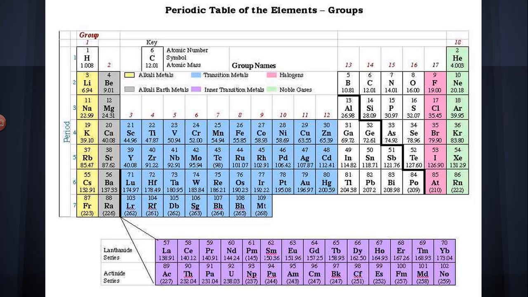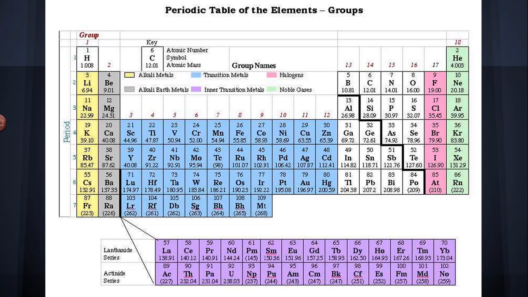The most reactive metals on the periodic table are the alkali metals. Immediately next to them in group 2, beryllium, magnesium, calcium, strontium, barium, and radium. Those are called the alkaline earth metals. And we find them, oddly enough, in biology quite a bit. Magnesium, calcium especially, are very important metals in biology. Barium and radium are used biologically, but they're not normally found in large amounts in living things.